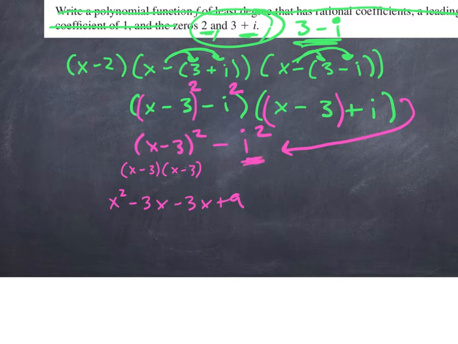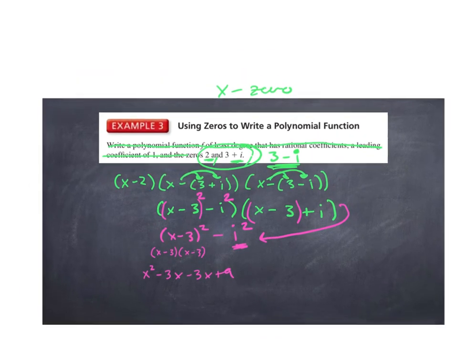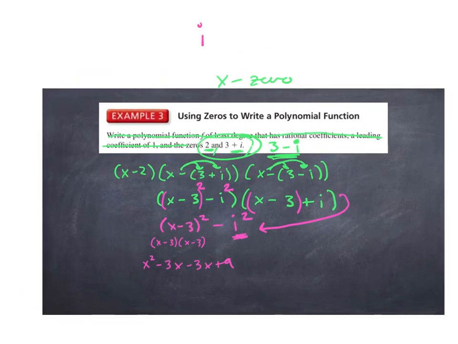Next, I have this i squared. What is i squared? So does anybody remember what i is? The square root of -1.